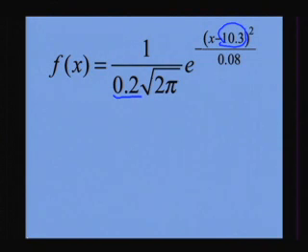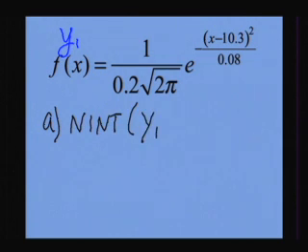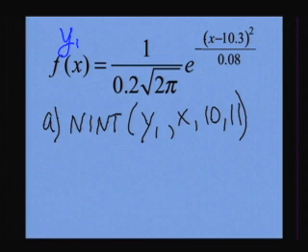And what I recommend that you do is you enter this into your calculator as y sub 1. In other words, enter it into the equations button and enter this formula into y sub 1. Because now, in order to do part A, we can use nInt of y sub 1, comma, x is our variable, comma, and we were interested in the interval from 10 to 11.